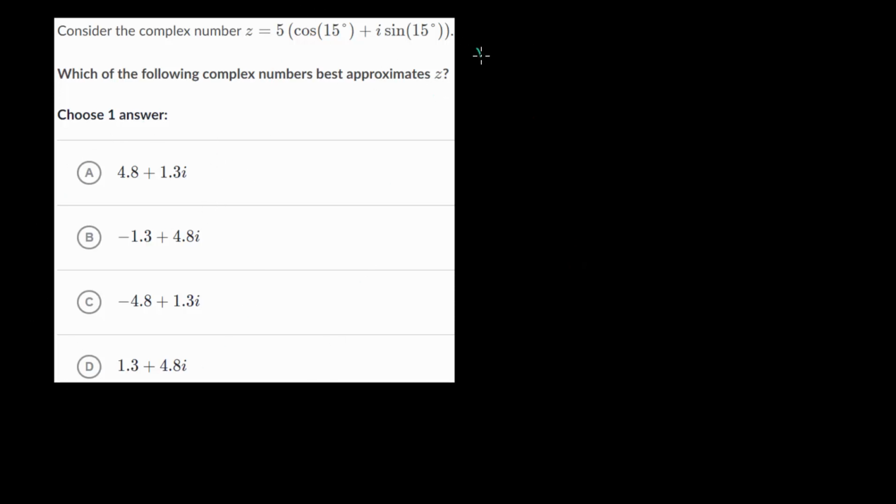So let's start by rewriting this number. We have 5, and I will distribute from the beginning. We have 5 multiplied by the cosine of 15 degrees plus i multiplied by 5 times the sine of 15 degrees.